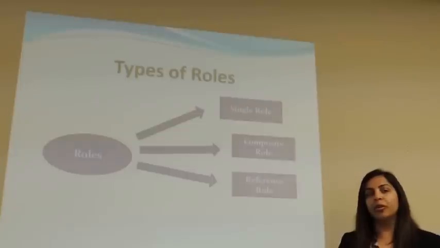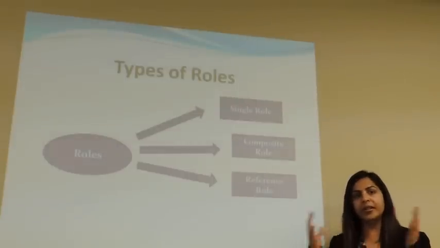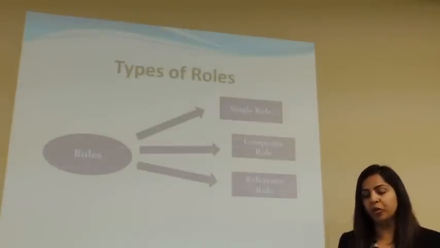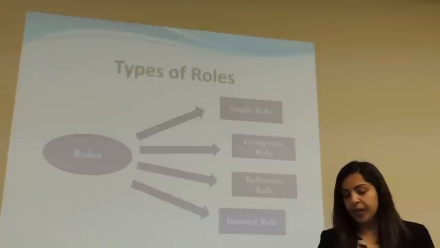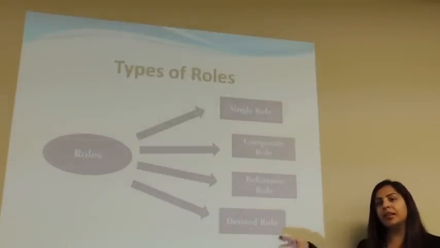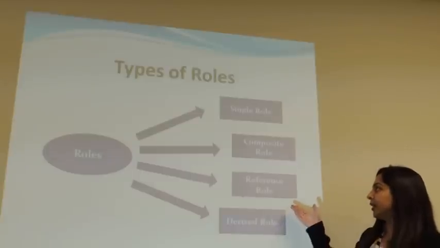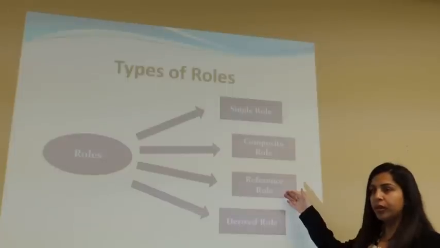Next we have the reference role. This is a role from which we derive roles. So it is a template or a reference role from which we can derive certain roles in the company. The last one is the derived role. The derived role, as the name implies, is a role that refers to a reference role.